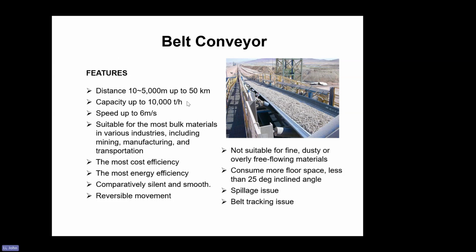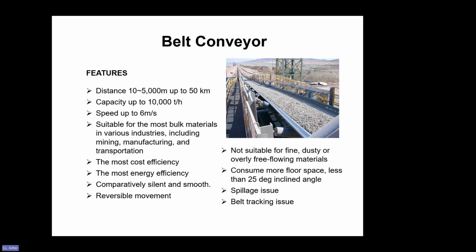And the capacity of a belt conveyor can be very large, up to 10,000 tons per hour, and the speed can be up to 6 meters per second. The suitable materials for belt conveyors are ore, mineral materials, food, and most bulk materials.